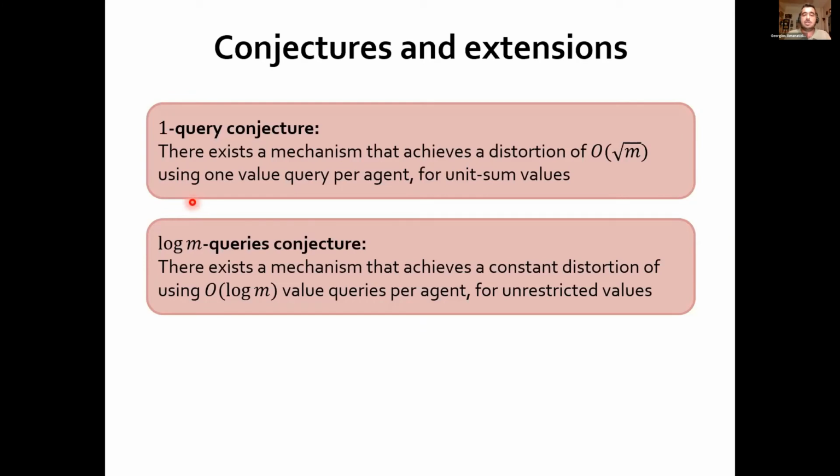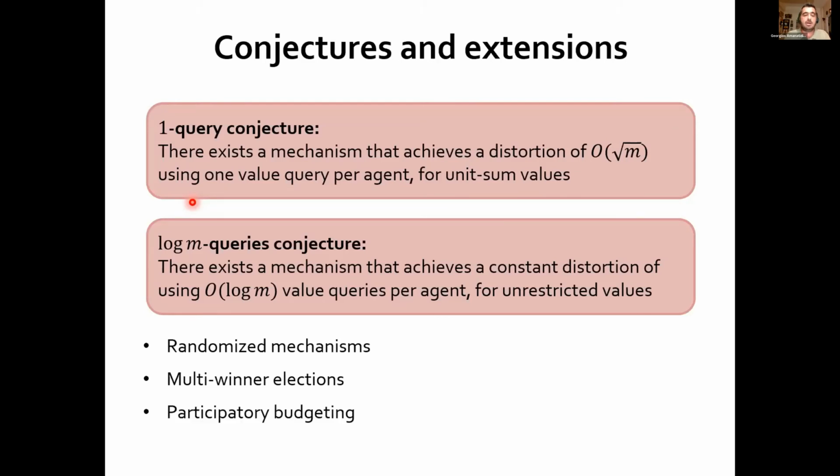And of course, there are several other directions that we haven't explored at all in this work, like what happens if we allow randomization, either for upper or lower bounds, or if we study multi-winner elections instead of single winner.